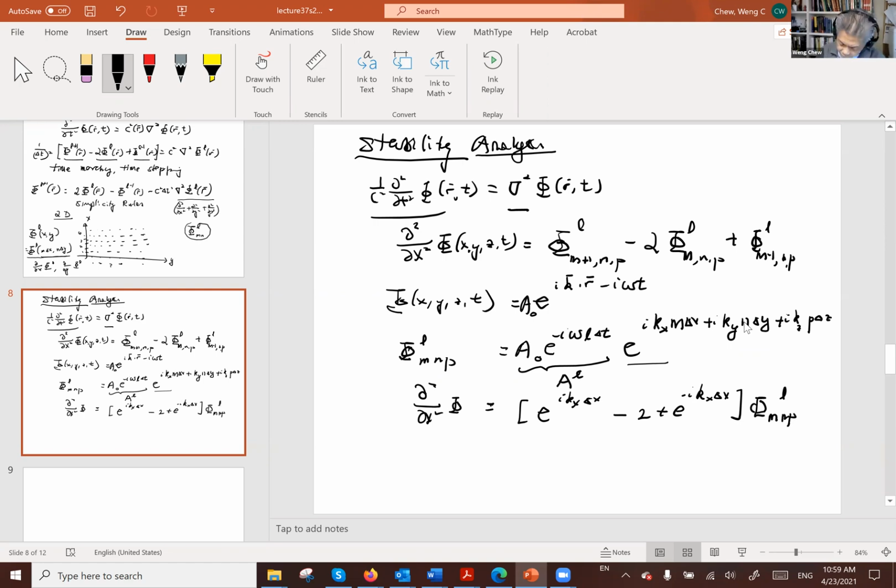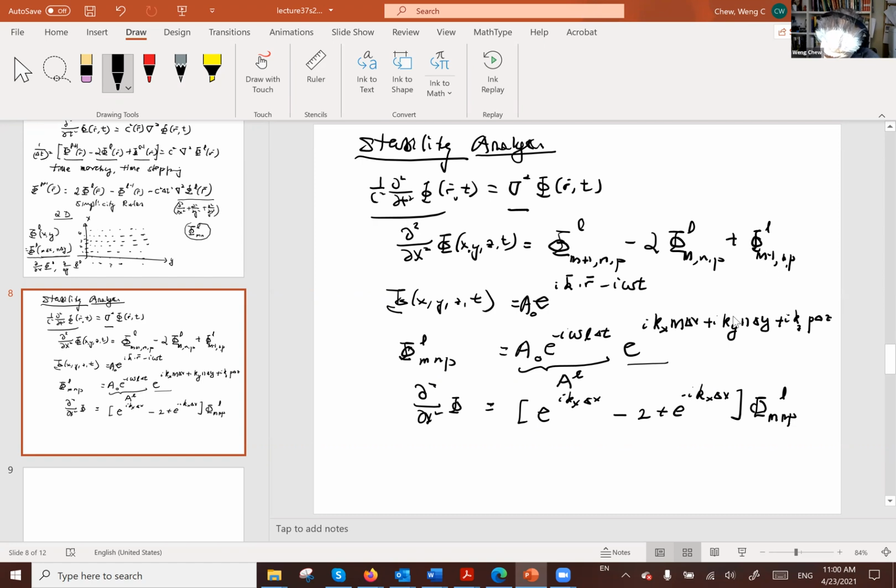Can you see that? If you plug this into this finite difference approximation, only m changes as you go from the left to the right. This becomes m plus 1, m minus 1, and then you have an increased phase term for the first term. The term in the middle does nothing, the phase remains the same.